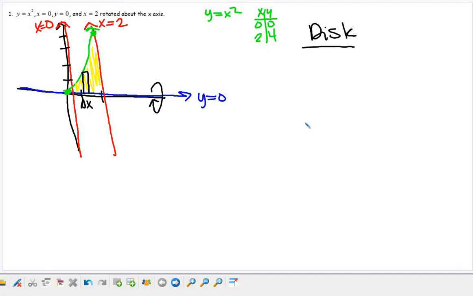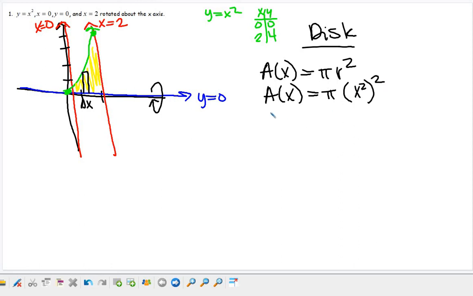Okay? So remember that area for a disk is equal to pi r squared. So area is equal to pi. My radius, because we're talking about the distance from 0, is just going to be the function, which is x squared, quantity squared, which means my area is pi x to the 4th.